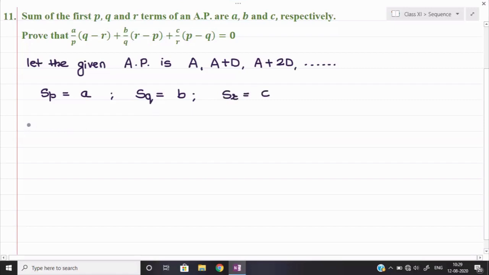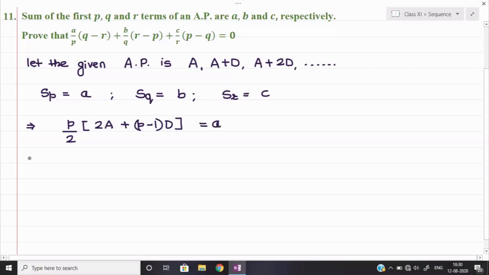If I expand this with the help of the formula Sn is equal to n upon 2 into the bracket 2a plus n minus 1 into d, then the sum of p terms will be p upon 2 into the bracket 2 into capital A. Remember, the first term is capital A, plus p minus 1 into capital D is equal to small a.